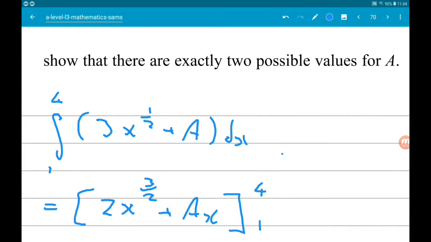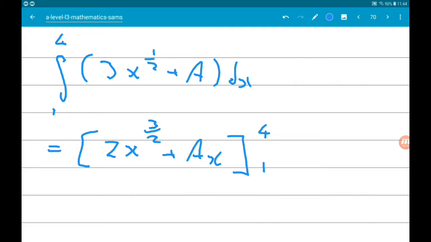Okay, so when we stick 4 in, we get 4 cubed, which is 64, square rooted, which is 8.